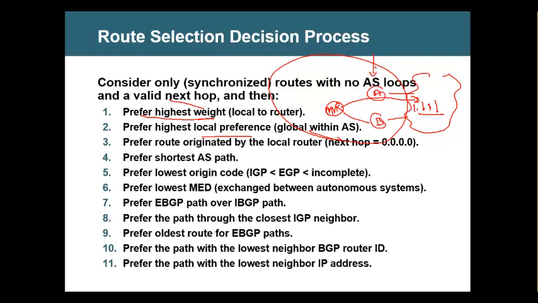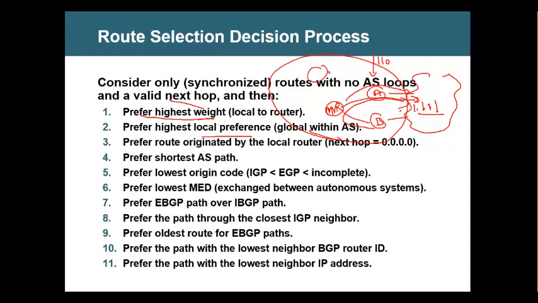For example, the default is 100. I'm giving 110. So MR will prefer to go via A. Not only MR will go via A, even B will prefer to go via A. Every router will go via A.